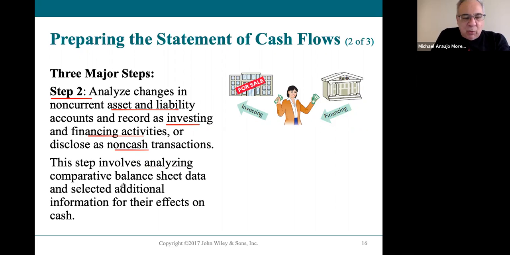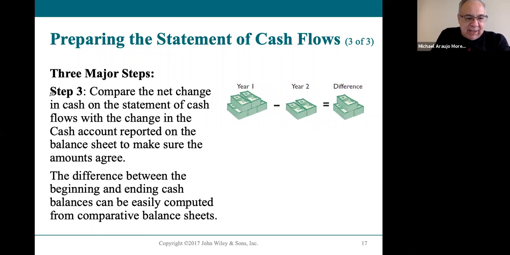For that, we need to look at the comparative balance sheets, what changed from last period to this period. And step 3, at the end of all of that, we're going to compare any change in cash from year 1 to year 2. We should be able to identify in the cash flow statement what the difference is. Okay.